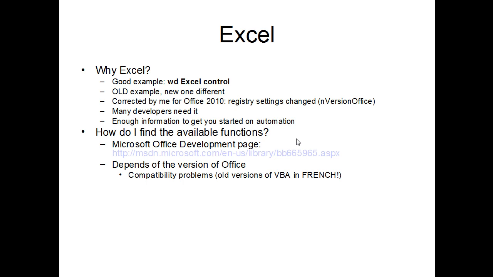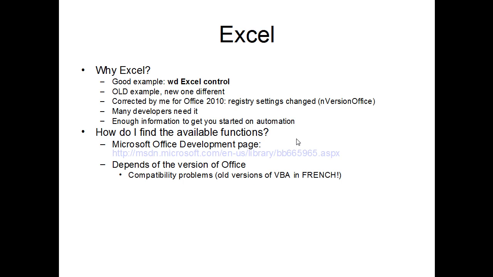In WinDev, we can use both the French version or the English version of a function, and it will work exactly the same. It doesn't matter which version of WinDev you're using, the US or the French, both languages are recognized in the code. That was not the case with Office. So depending on the version you were using, your code would have to be in French or in English, and so on and so forth. So always be aware that there will be problems.